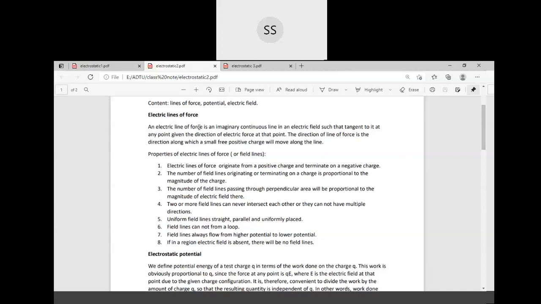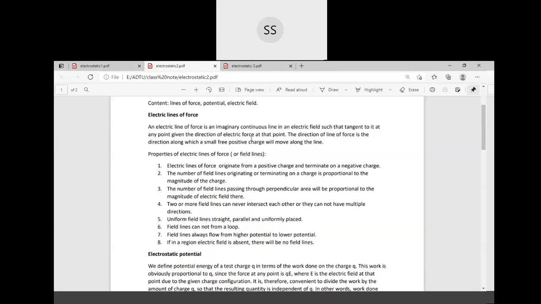An electric line of force is an imaginary continuous line in an electric field such that the tangent to it at any given point gives the direction of the electric force at that point.